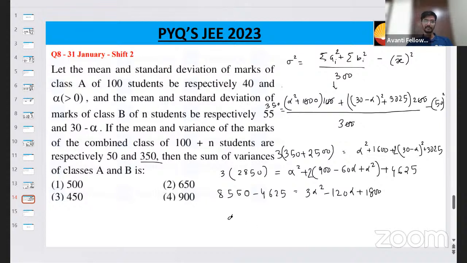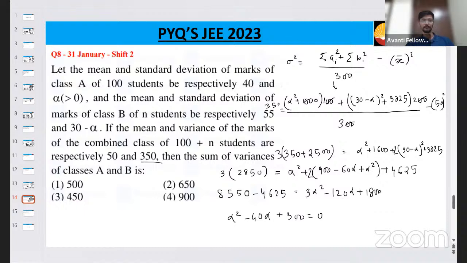So finally we'll get alpha square minus 40 alpha plus 300 equals to 0. So what are the factors, guys?